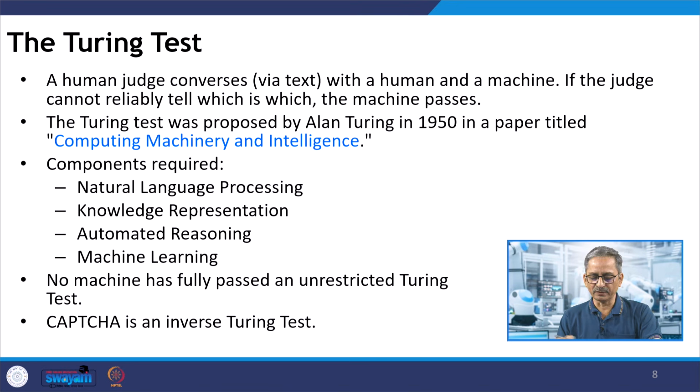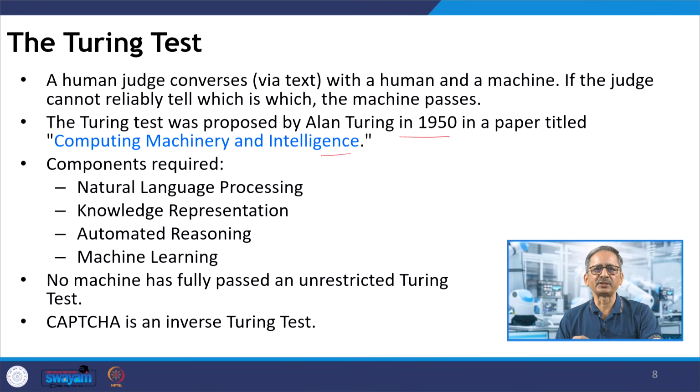This was proposed by Alan Turing in 1950 in the paper Computing Machinery and Intelligence. There are many components needed to achieve this, as we will be seeing in further detail: NLP, knowledge representation, automated reasoning and machine learning.